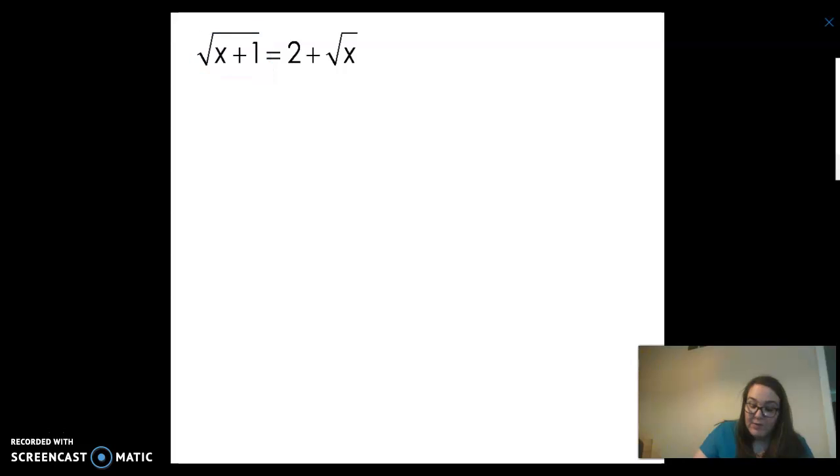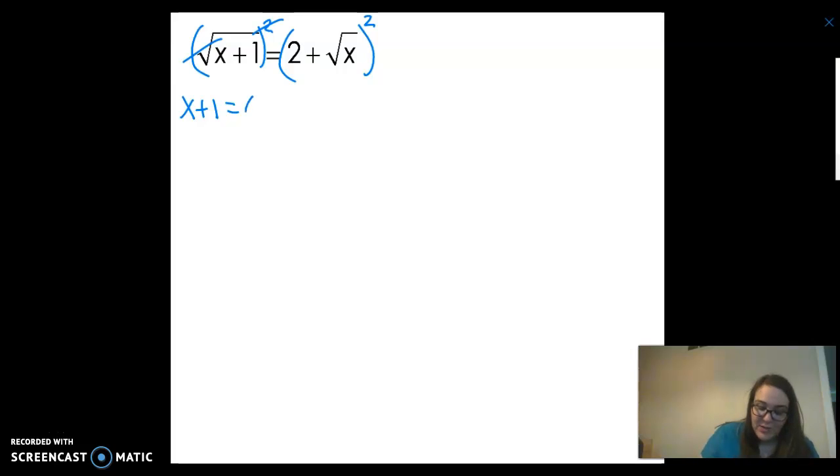Because that first one is isolated, we can go ahead and square both sides. On the left, that's nice and easy: I have x plus 1. On the right, remember squared means write it twice.